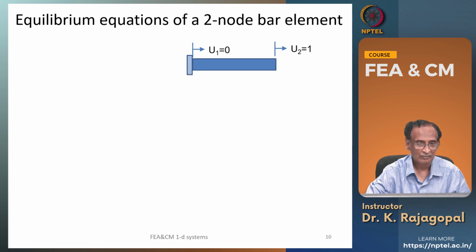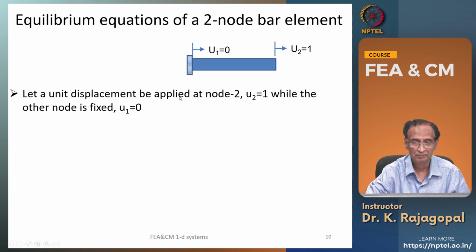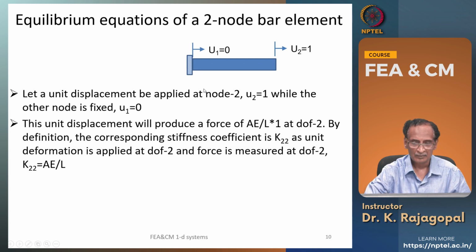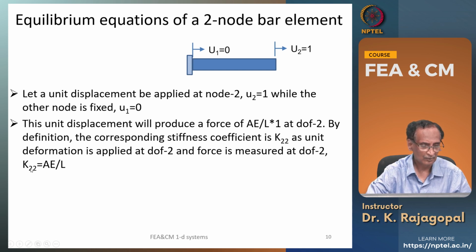And similarly, we can apply a unit displacement at degree of freedom 2 while we constrain this degree of freedom from moving. So, by doing this, we can write that K22 is AE by L, that is the force developed in degree of freedom 2 because of a unit displacement at degree of freedom 2.